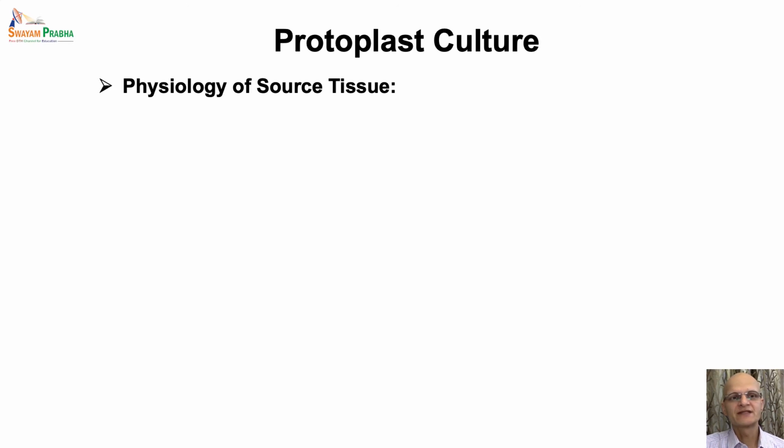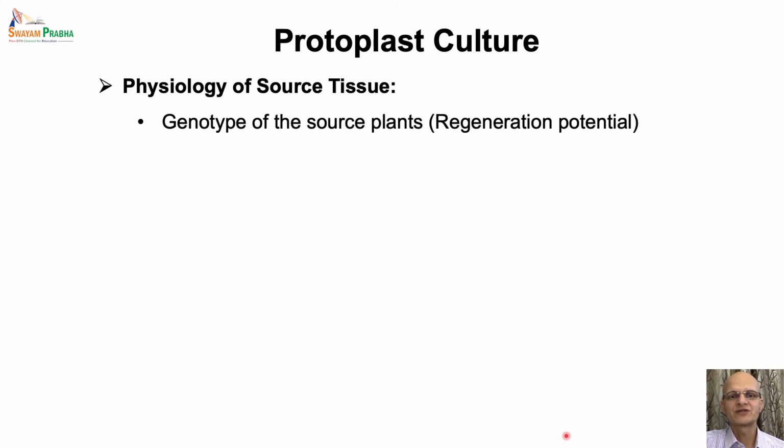So the first one is the physiology of the source tissue. Earlier in the first unit, we discussed the various biological factors or parameters of the tissue types or the donor plants that can impact the regeneration efficiency in in vitro conditions. Similarly, these factors impact the responses of the protoplast too in in vitro cultures, like the genotype of the plants.